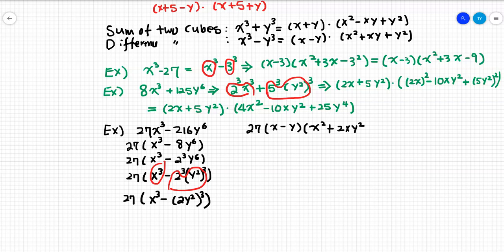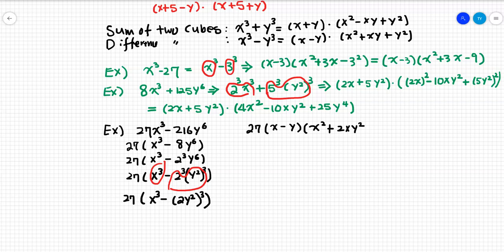And then 2y squared squared simply means 4y to the 4th. Because you have x squared plus 2xy squared, now you have 2y squared to the second. So what do we have here?